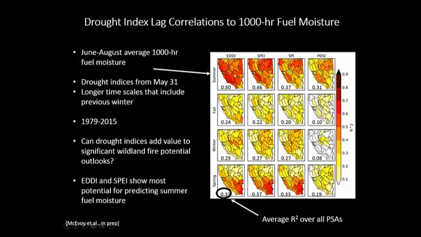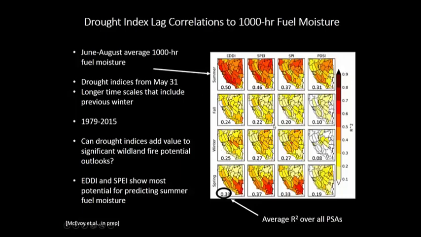Some of these boundaries are the predictive service areas, and in some of these areas EDDI and SPEI explained greater than 60% of the summer fuel moisture variability. So we think this could have some potential for looking at summer fuel moistures.